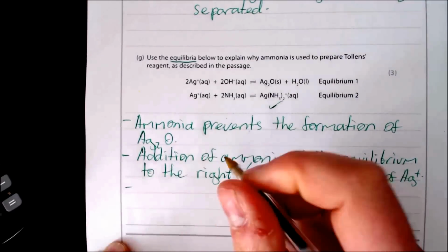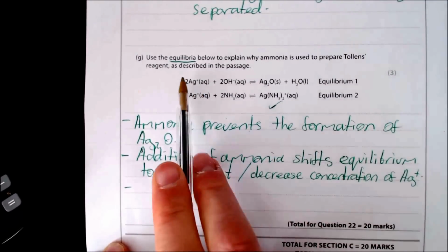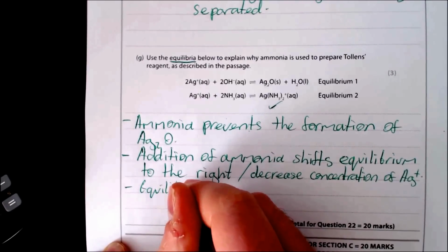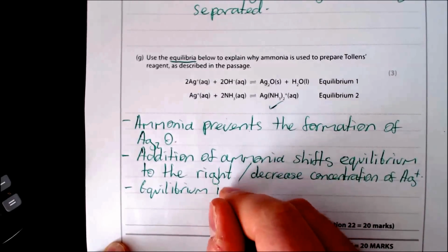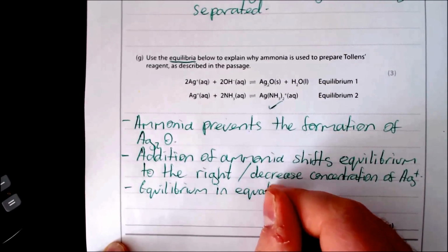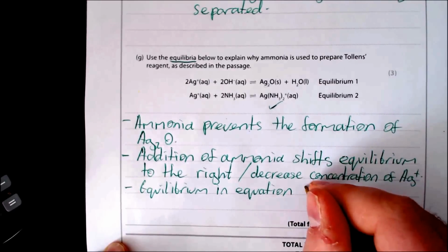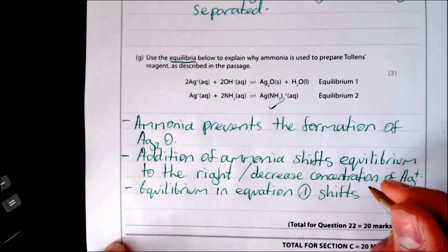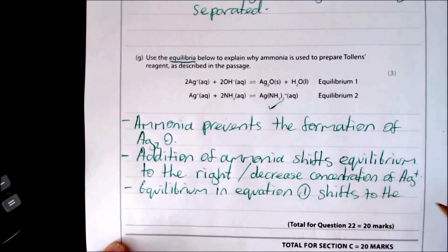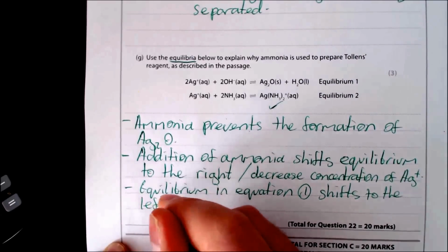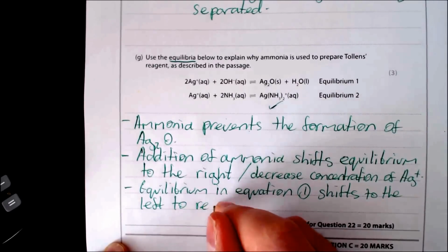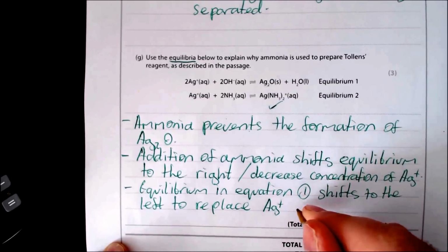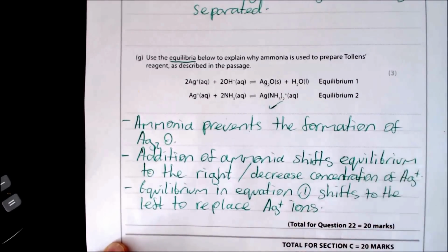Okay, so we could say that, and because we have a decrease in that, then what we can say is the equilibrium in equation 1, which is this one here, shifts to the left to replace the Ag+ ions. You see this one here.